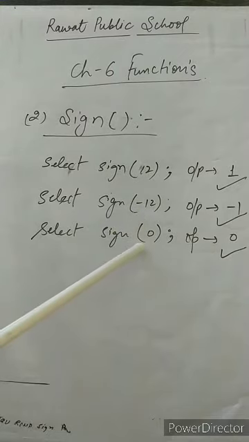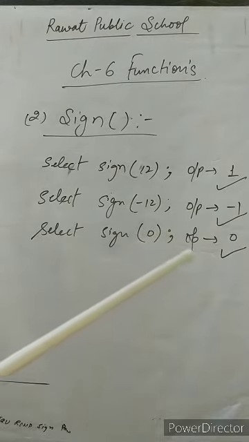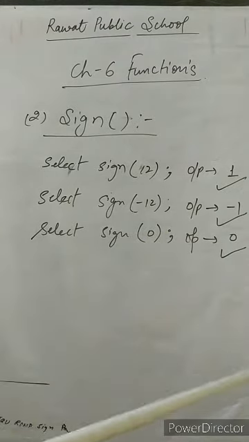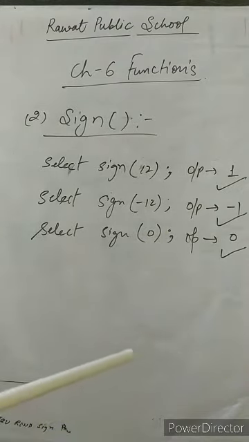In the next you put 0 as an argument, so you get the output 0, because zero is considered neither positive nor negative. Okay students, so this was the next function, the Sign function.